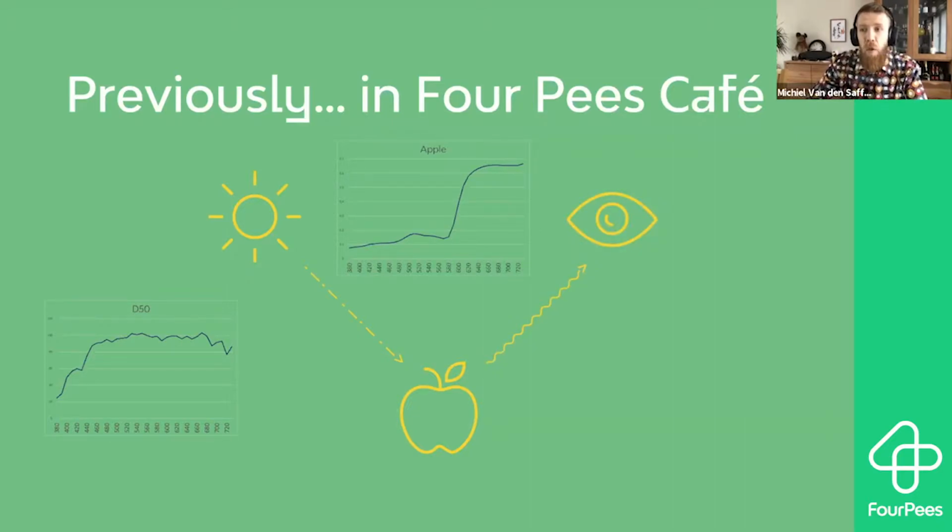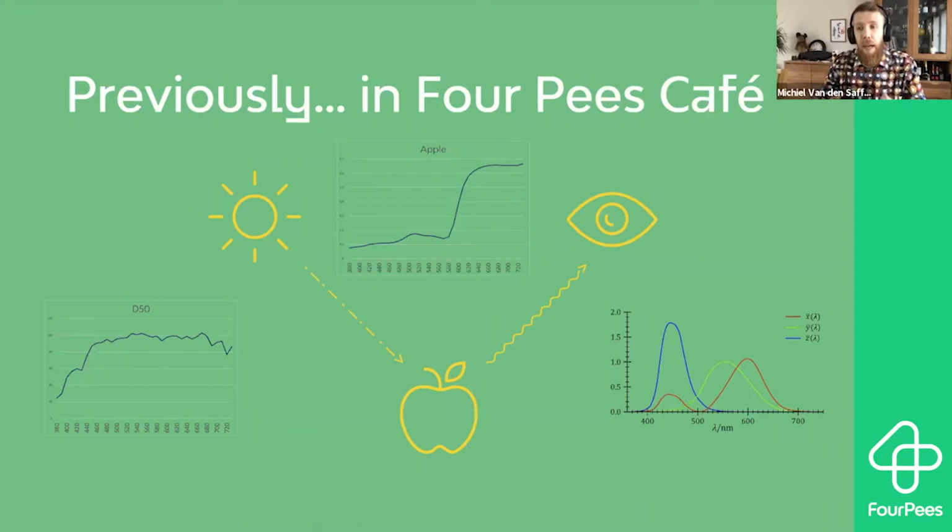And then we have the human observer who has the color matching functions that were created to help us quantify the human vision of color. All of these together give us mathematical, numeric information on what a color really is for each object.